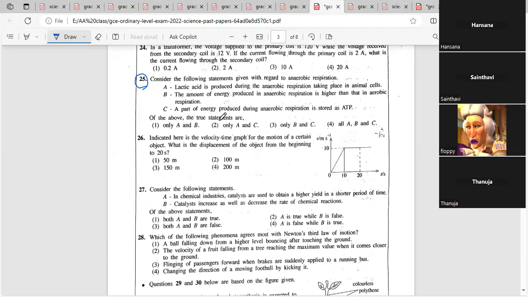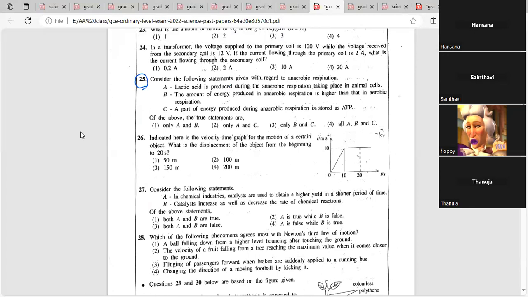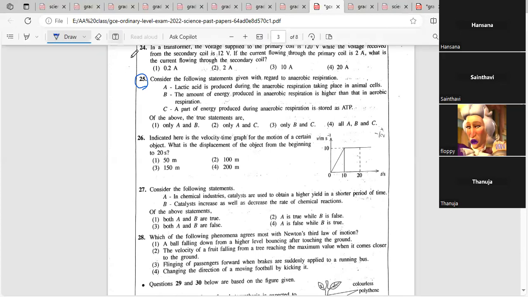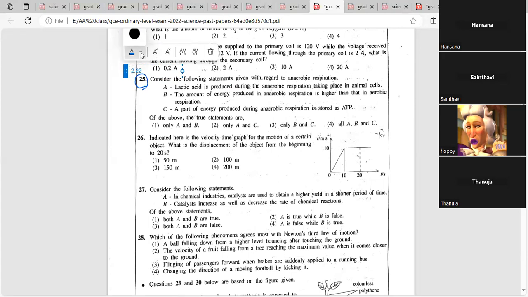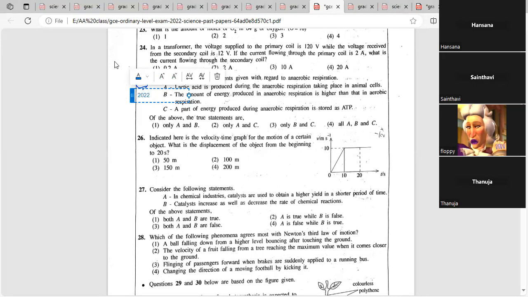Answer this question and raise your hand when you are finished. Question number 25 of 2022. You have to write here 2022 question because if not, you cannot find what this is. This is a 2022 O-level question.